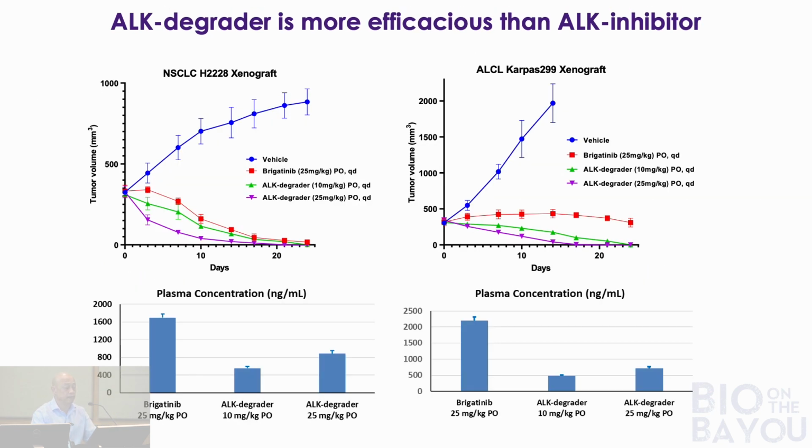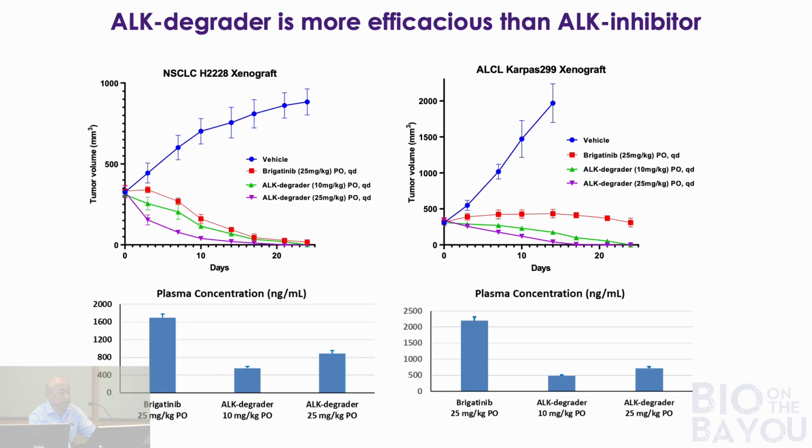So if we take the drug into an in vivo system, where we grow the non-small cell lung cancer or the ALCL cells into subcutaneous xenograft tumors, and we treat the mice with either an inhibitor or an ALK degrader at different doses, we found that in the non-small cell lung cancer tumor model, the ALK degrader was more efficacious in inducing tumor regression at an earlier time and at a lower dose.